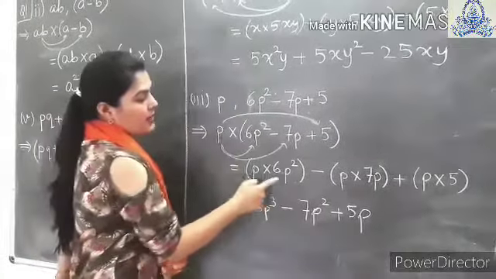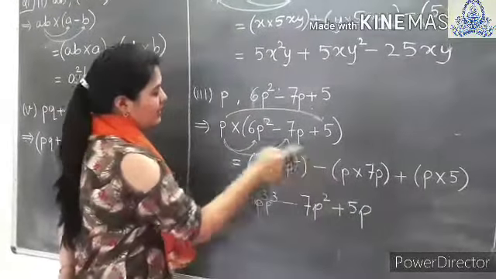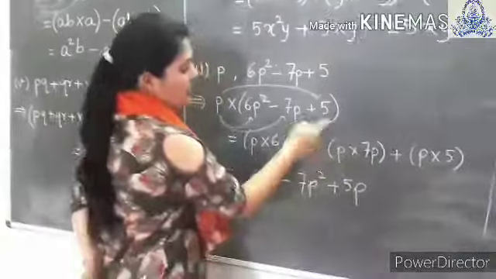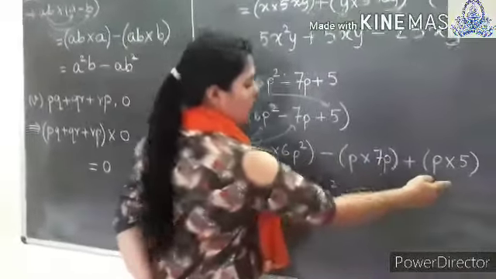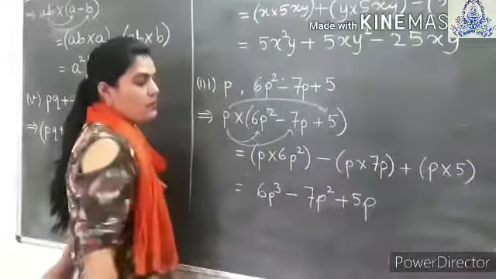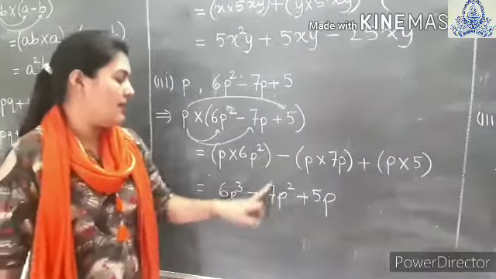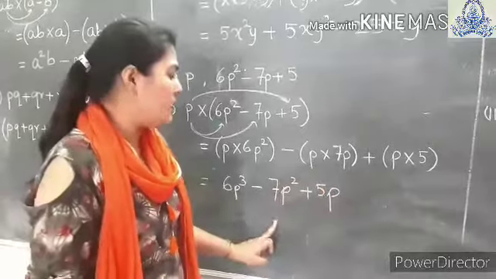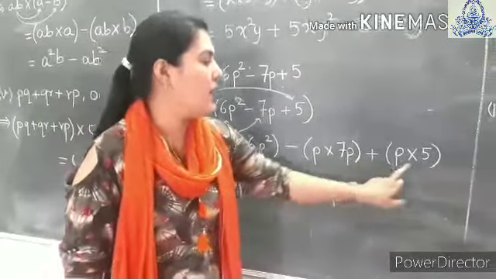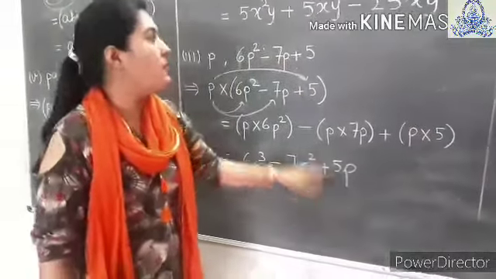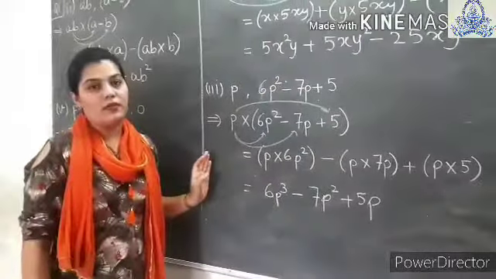So p multiplied by 6p square, minus sign as it is, p multiplied by 7p, plus sign as it is, p multiplied by 5. P multiplied by 6p square gives you 6p cube, minus p into 7p gives you 7p square, plus 5 into p gives you 5p. Similarly you can solve the rest of the examples.